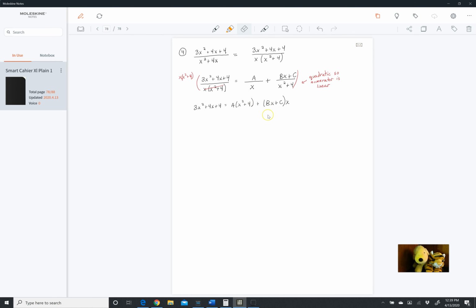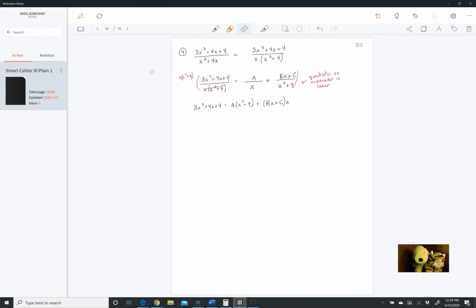So that's why we're just going to use the second method, okay? Hopefully that was clear. We can get rid of the b and the c so that we could solve for a, because we can just make x 0, and then we have 0 times bx plus c, and we're left with just a. But there's no way to get rid of, let's say, the a and the b so that we can just have c left over. That can't happen, okay? So that's why we're using the second method.